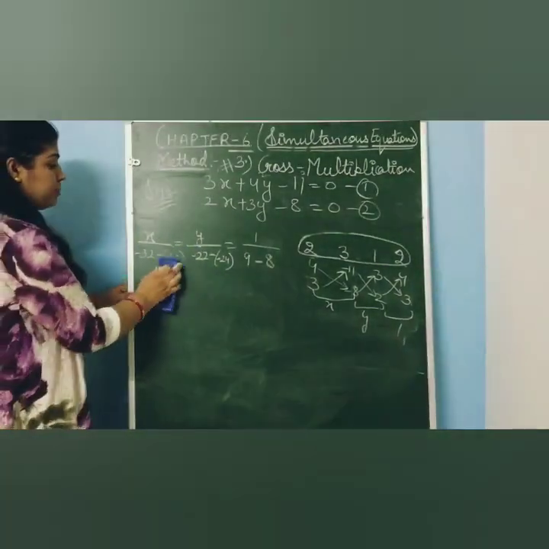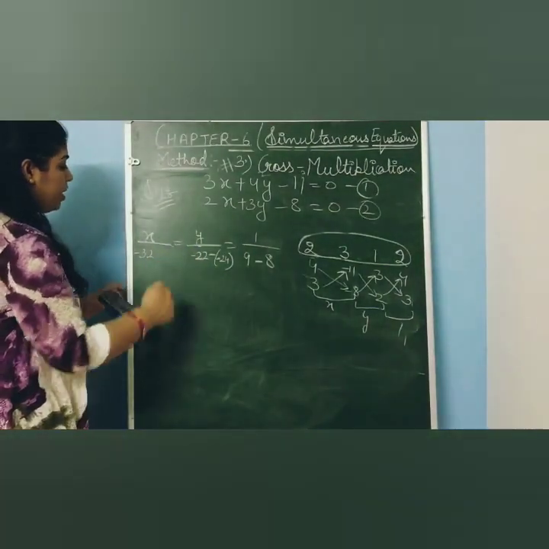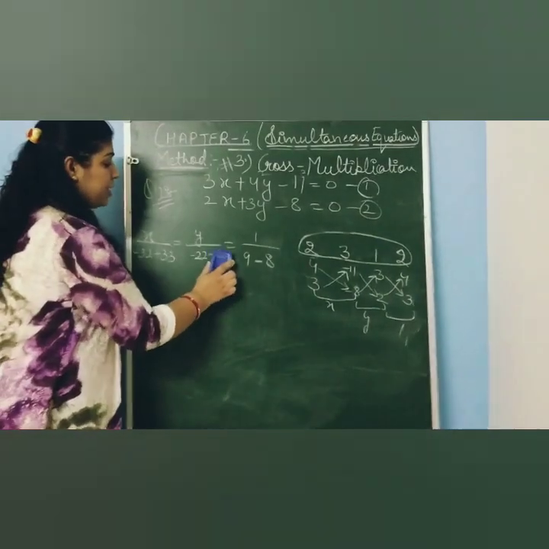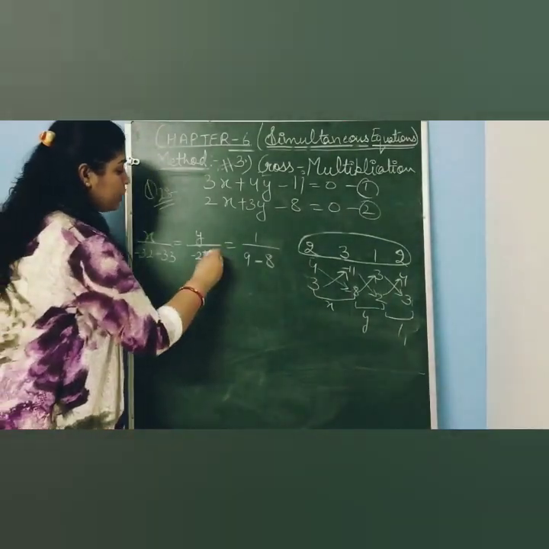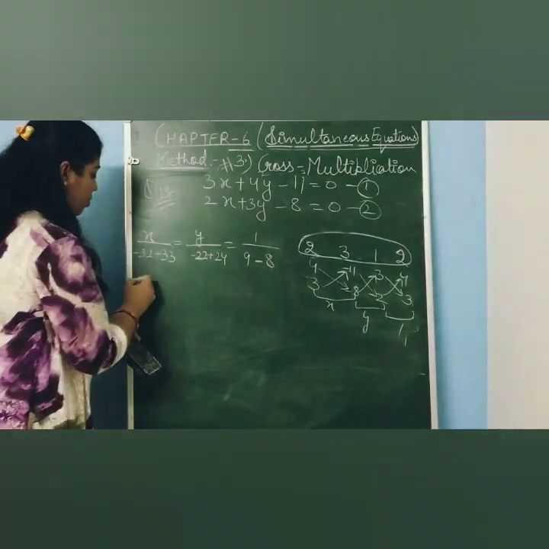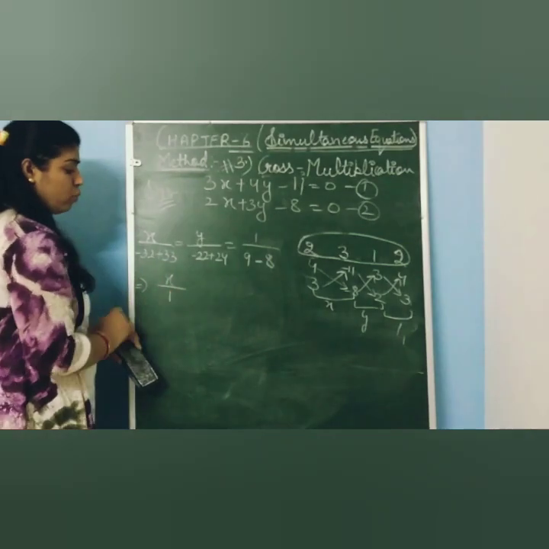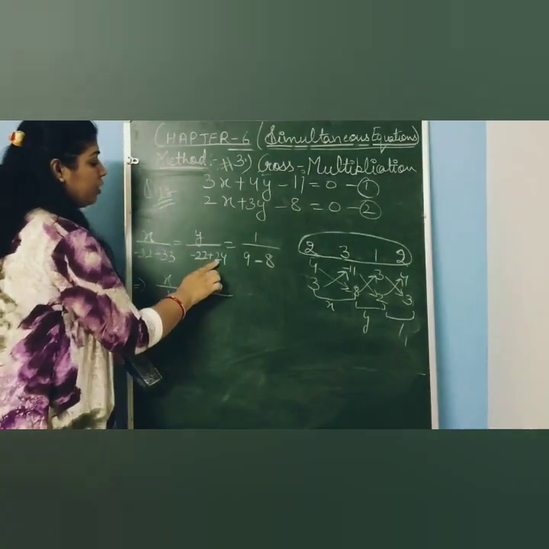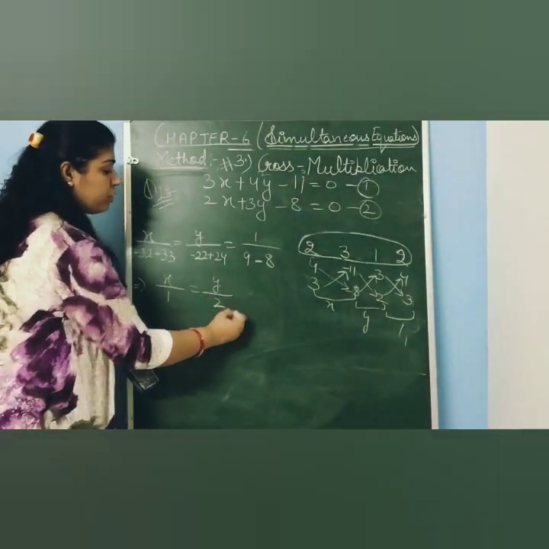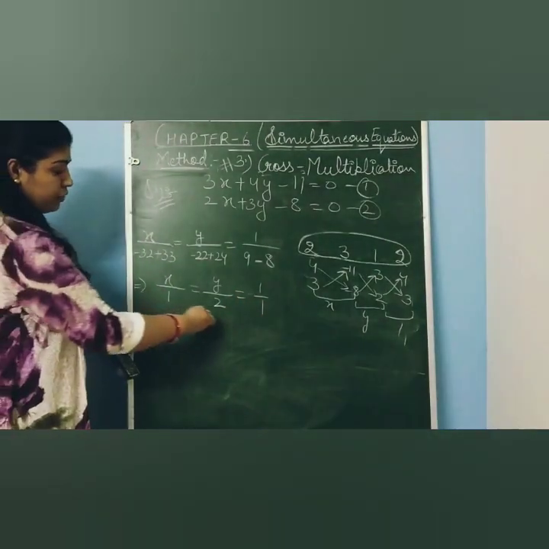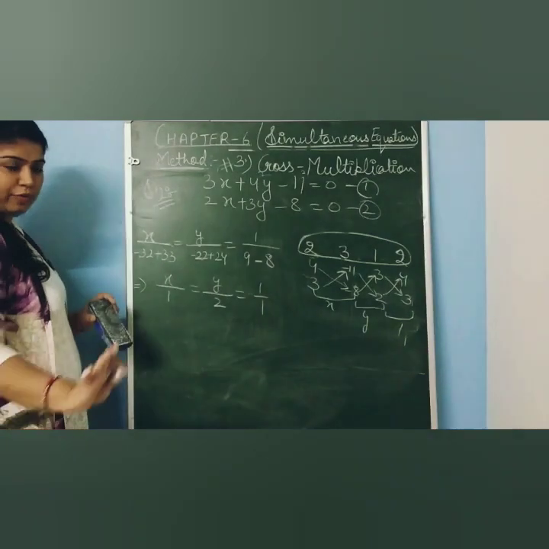ठीक, now minus minus plus, so it would be minus 32 plus 33. Minus minus plus, so it would be minus 22 plus 24. And we are having x over minus 32 plus 33, y over minus 22 plus 24, 1 over 1. So from these three we can evaluate the value of x and y.